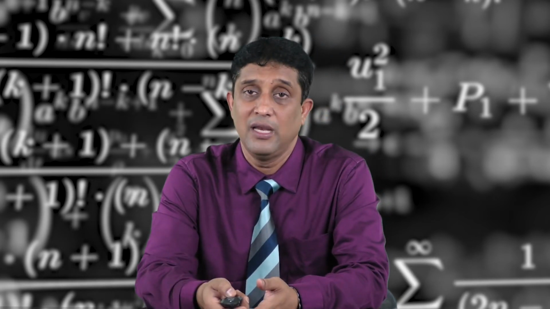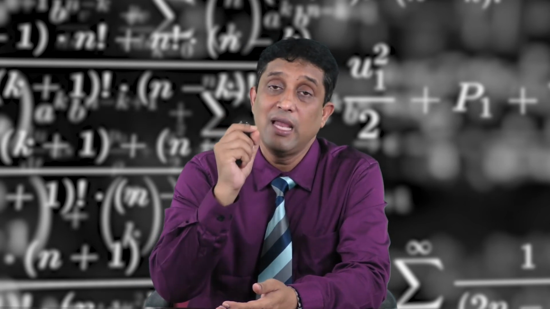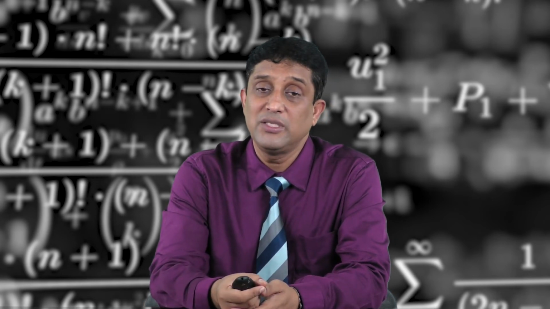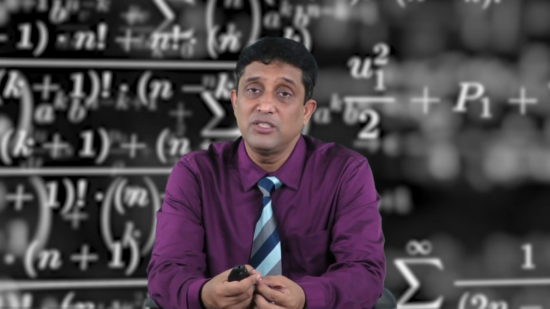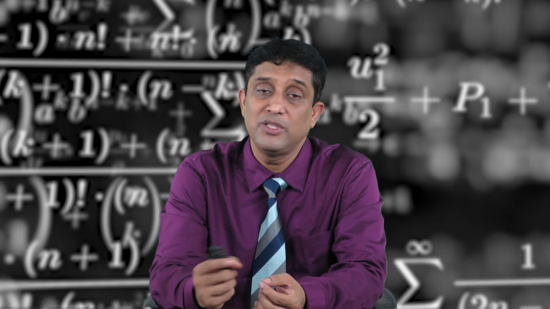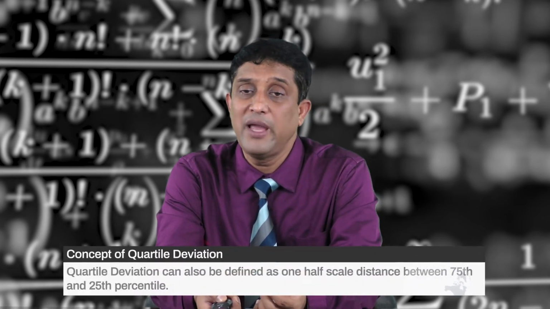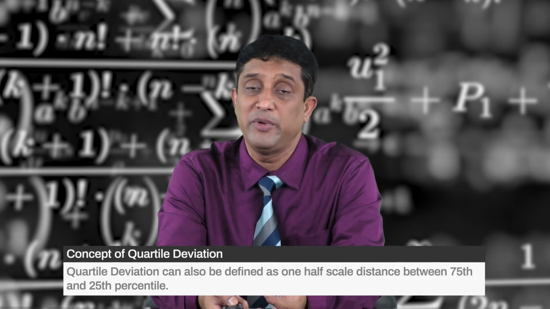The third quartile is called Q3 and the first quartile is called Q1. So quartile deviation can be calculated by (Q3 minus Q1) divided by 2. This is the 1/2 scale distance between the third quartile and the first quartile. Quartile deviation can also be defined as the 1/2 scale distance between the 75th and 25th percentile.